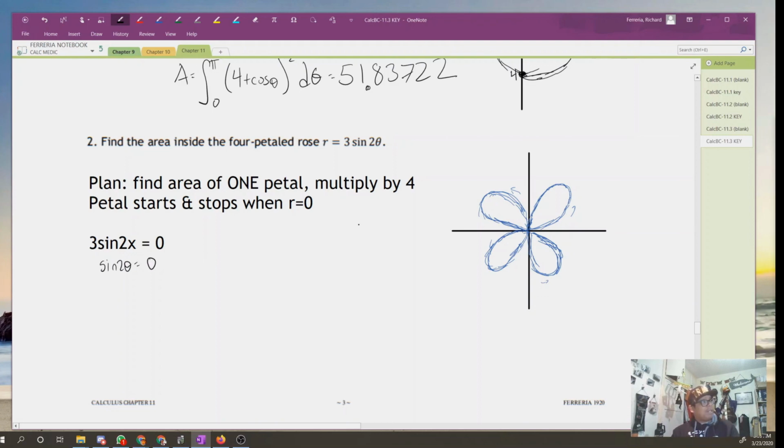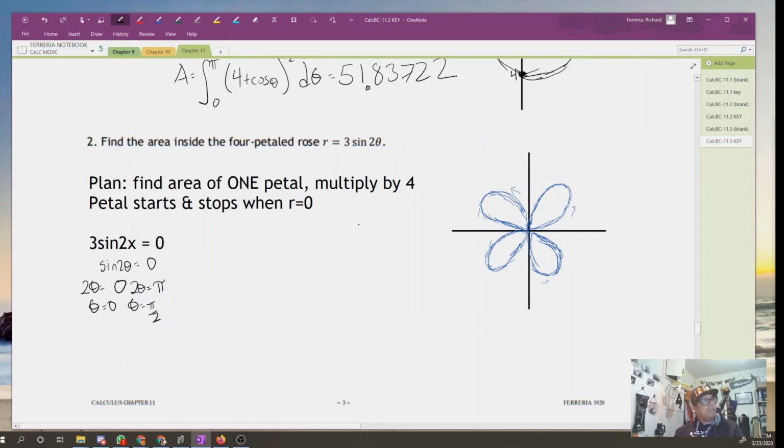Well, that first happens at 0 radians, and then it happens again at pi radians. So the angle 2 theta has to equal 0, or the angle 2 theta has to equal pi, giving us theta goes from 0 to pi halves.